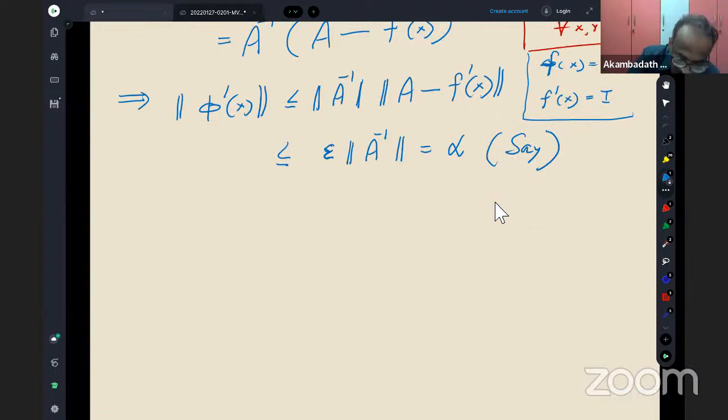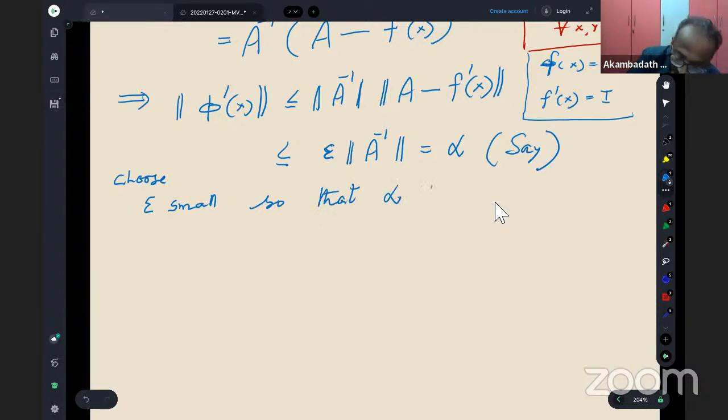Epsilon is your choice, so you choose epsilon small enough so that your alpha is less than half. It can be 1/4 or something like that. Basically, I want this to be less than 1, so you can choose whatever you want. There is nothing sacrosanct about the half there.